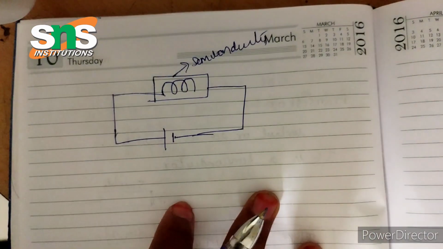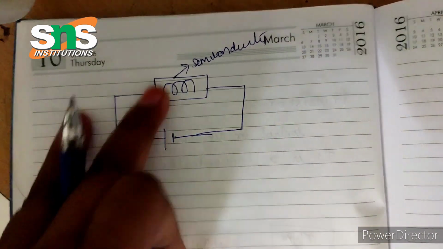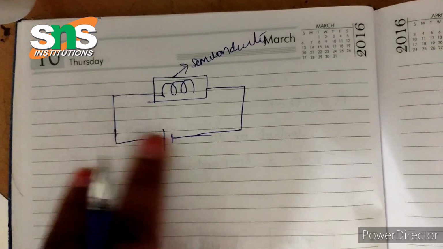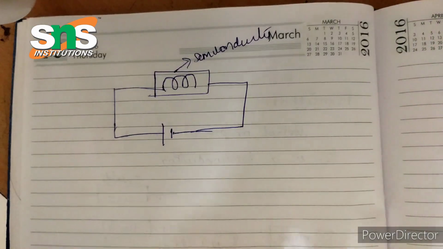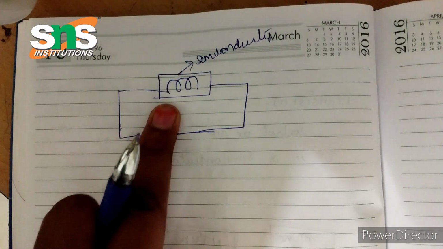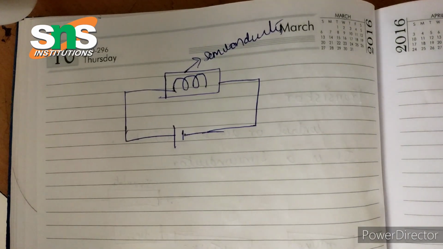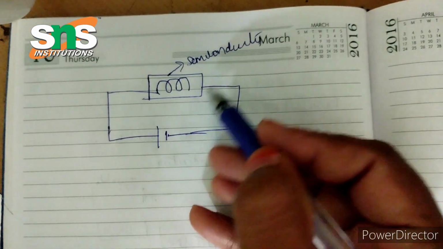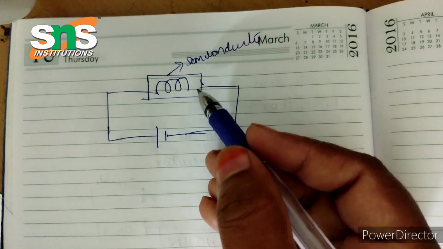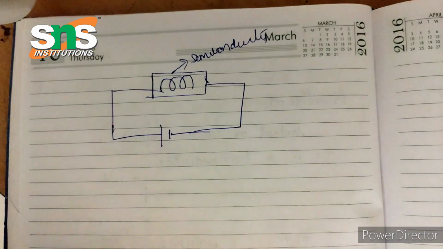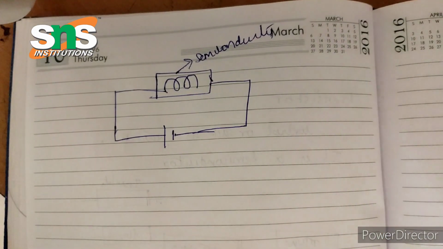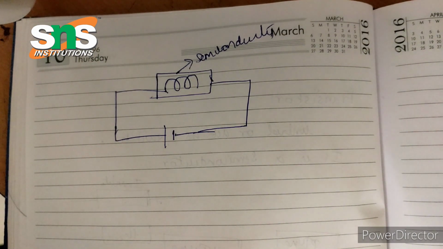But in the case of a semiconductor bulb, if the voltage is given, it will not blink. Another thing you have to give is thermal energy. You should additionally give thermal energy to this semiconductor. Then only will the light start blinking. This is very important: a semiconductor does not produce energy by itself. We have to give some thermal energy, and then it will start blinking. These are all the materials for semiconductors.